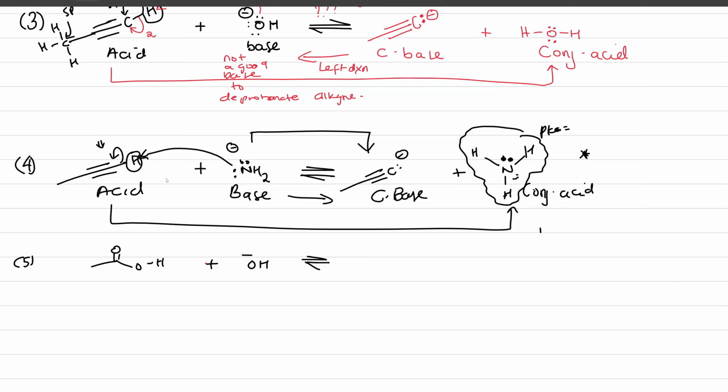By the way, the pKa of ammonia is 35 or 36. The pKa of a terminal alkyne is 25, so it should go to the right. The pKa of water is 14, so we went to the left. All right, try number 5, then you show me the other concept you need clarity on.